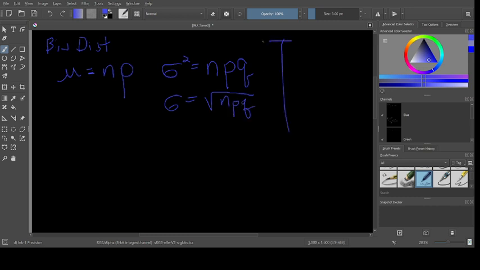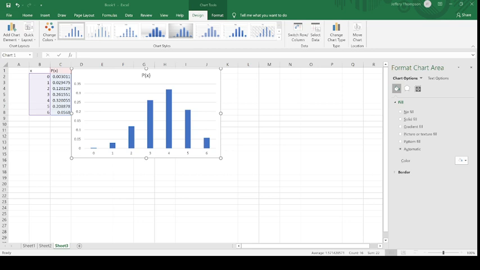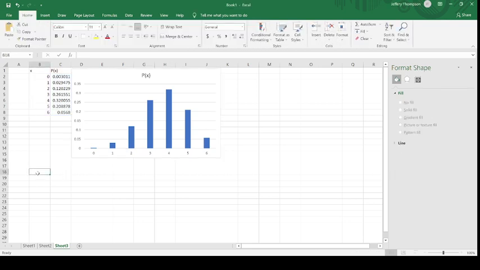And so there's an easy way of finding the mean and the variance. If we come back to our Excel spreadsheet, I can give a calculation for the mean. What was n?